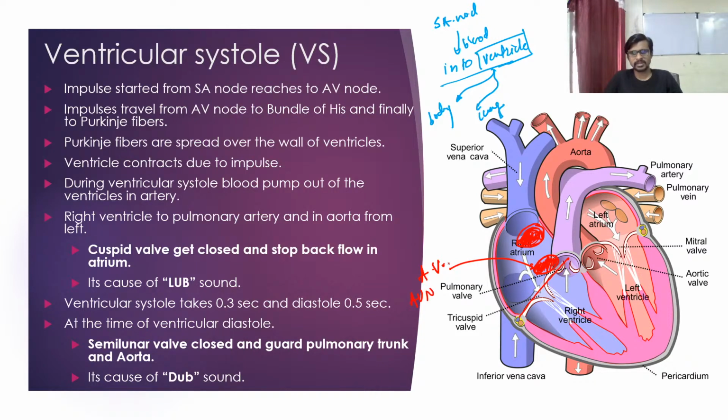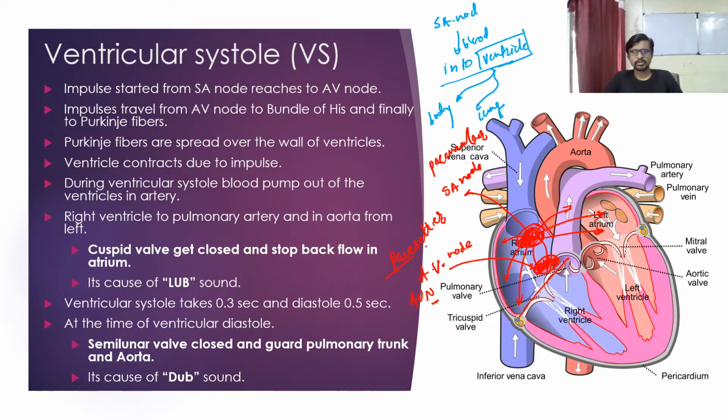The N stands for node. When the signals from the SA node move toward the right and left atrium, the signal also enters into the AV node. We know the SA node is called the pacemaker. I already wrote it there.